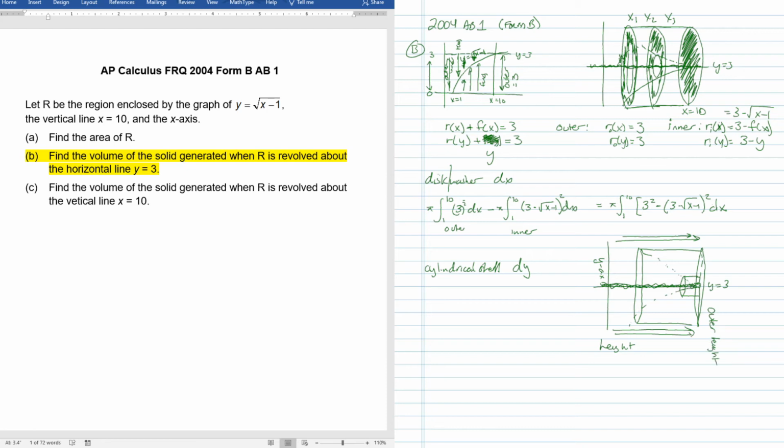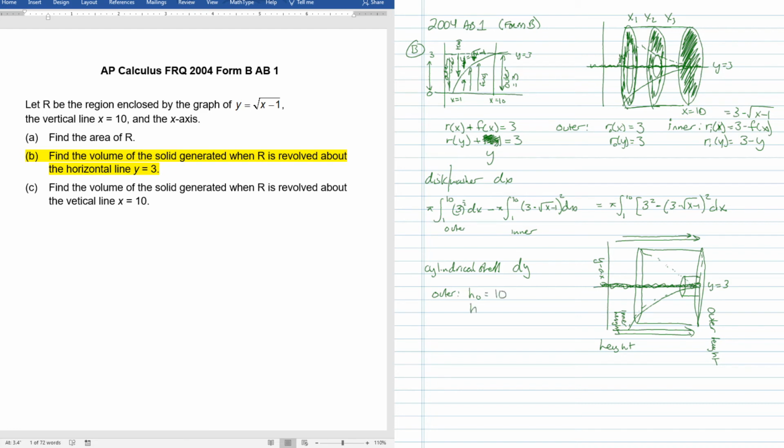And this curve is going to represent my inner height. Well, again, just like anything else, my outer height, h sub o, is always going to equal the value of 10.